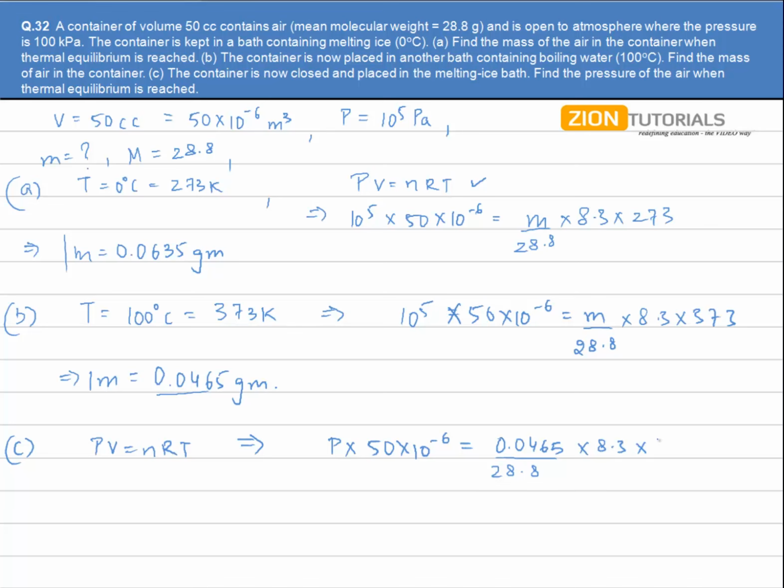It is in the melting ice bath, that means 273. If you calculate the value of P, you will get it as 73 kilopascals. You have to solve this and you will get this value. This was another very straightforward question. We just have to use the equation PV equal to nRT and you will get all the answers.